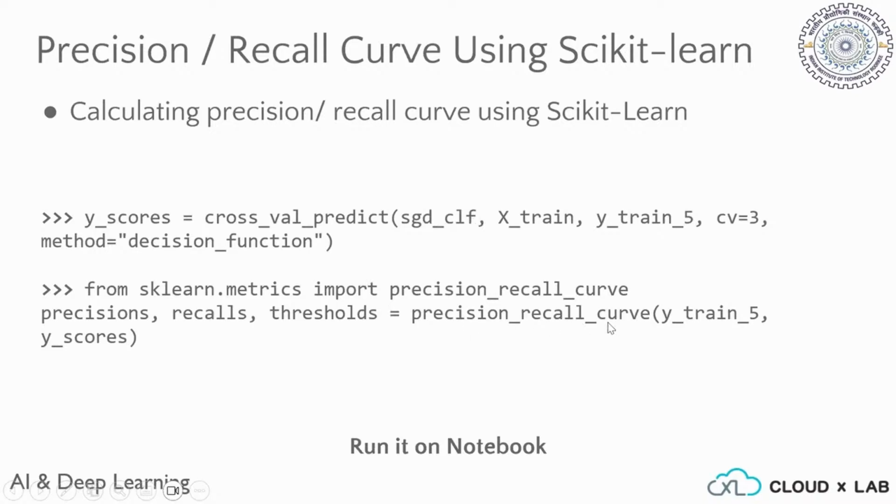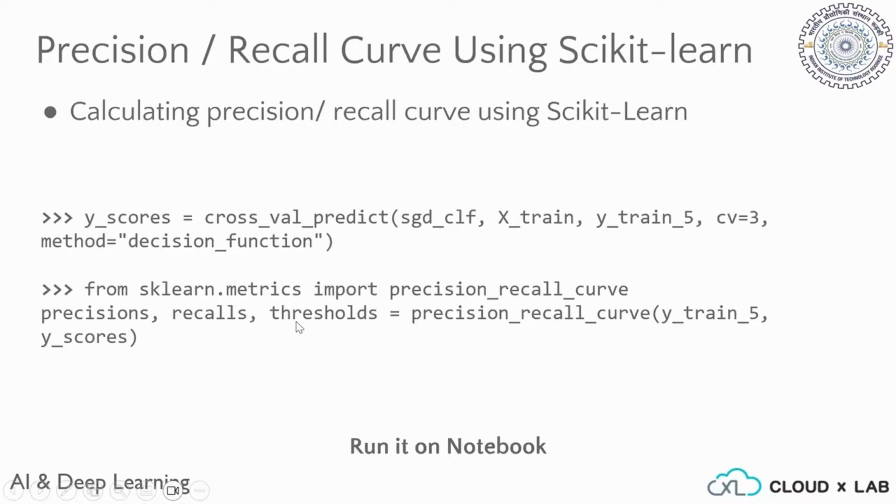Now to plot this precision recall curve, we will pass here the actual output and the model predicted output, and this precision_recall_curve will return us three values: precision, recall, and the thresholds, right?